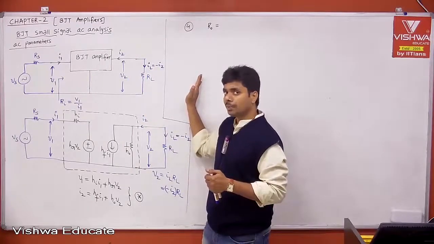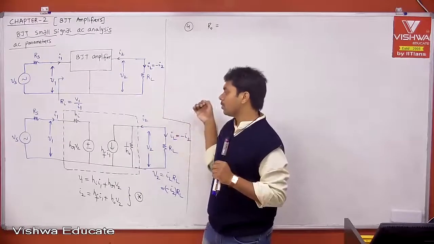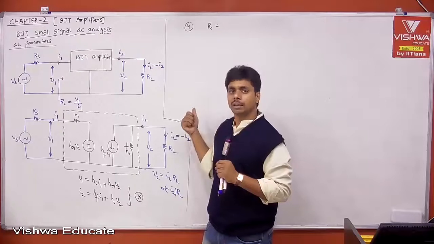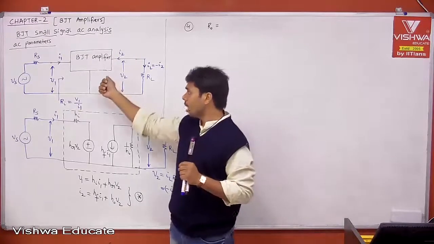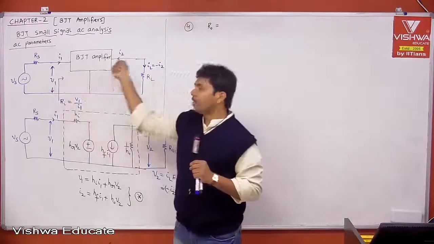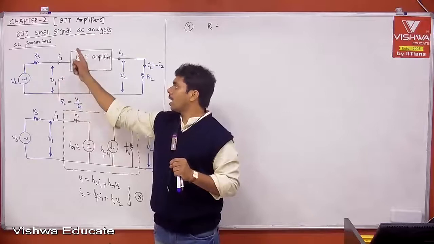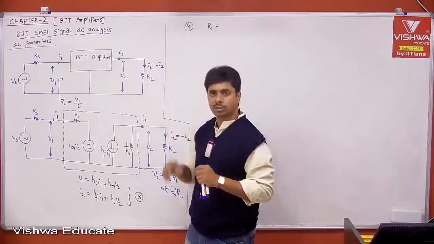I told one point before, for all parameters we were calculating, like input impedance, voltage gain, current gain, it is always feed forward: Vs is giving V1, V1 is giving I1, I1 is giving I2, I2 is giving IL, IL is giving V2.